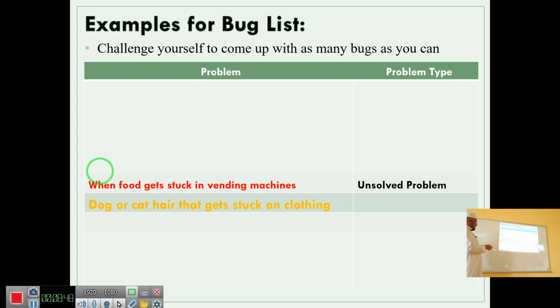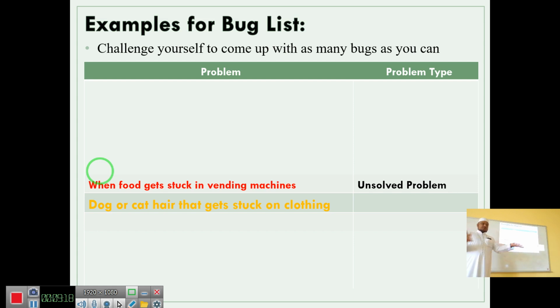Okay, dog or cat hair that gets stuck on clothing. Let's say dog hair and cat hair that gets stuck on the clothing. Because we have many pets. We have pets in our home like cats.